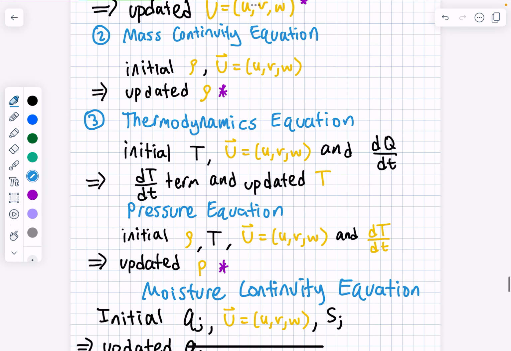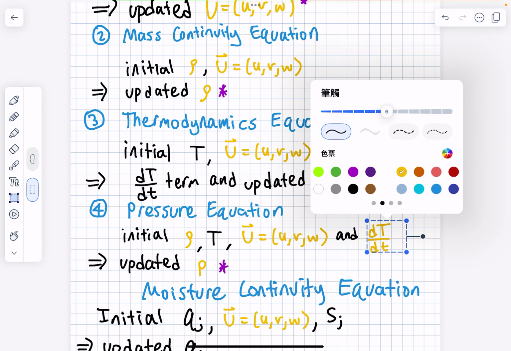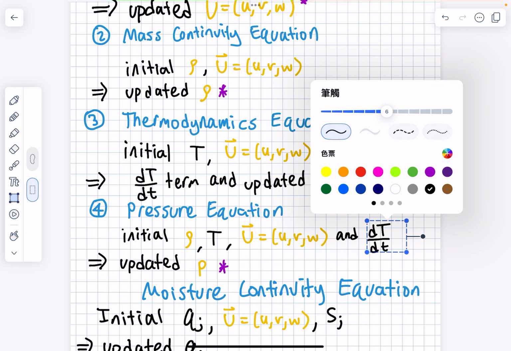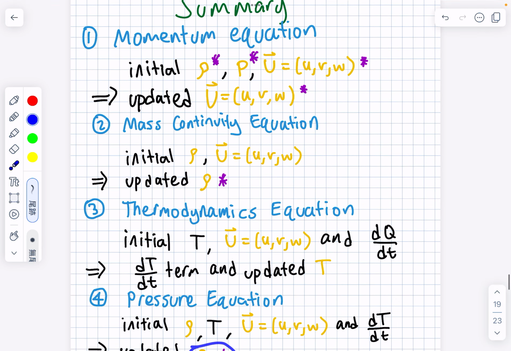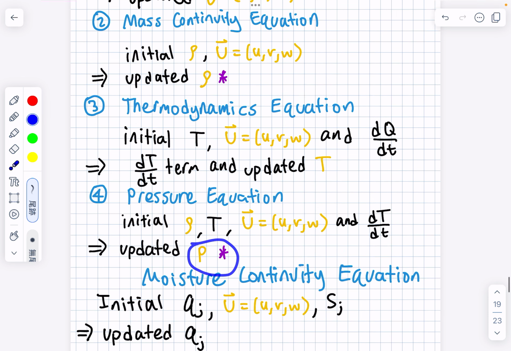And then number four, the pressure equation, as I call it, we'll need the initial density, initial temperature, initial velocity, and this dT/dt term from the thermodynamics equation, and that will give us an updated P. So we've completed this update here.